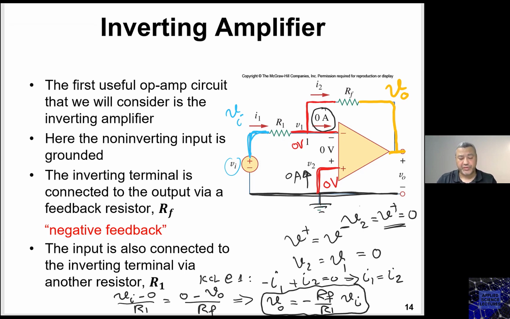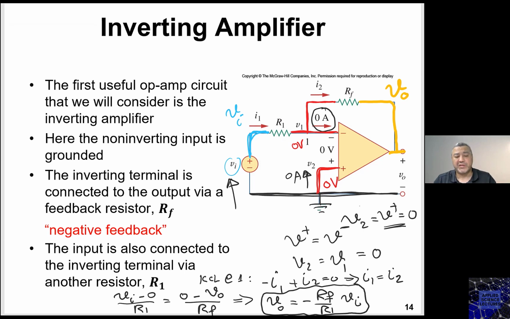So what does an inverting amplifier again mean? It means that I do have a negative feedback, but the input of my signal is going into the negative input of the op amp. Where's the input signal? The input signal is VI. It is entering the negative terminal of the op amp, and that's why we call it an inverting amplifier.